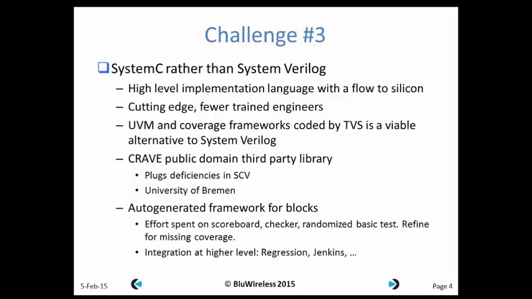Sorry, I don't think this is a very question, but given all these complexities, what is the big benefit you see for doing SystemC in the first place? Is it a design simplicity or a logical simplicity or a power area advantage? So the question was, given the complexities that we have using SystemC, what is driving us to take this approach? And I think that the answer will be given later this morning, but fundamentally, Blue Wireless started as a very small company.